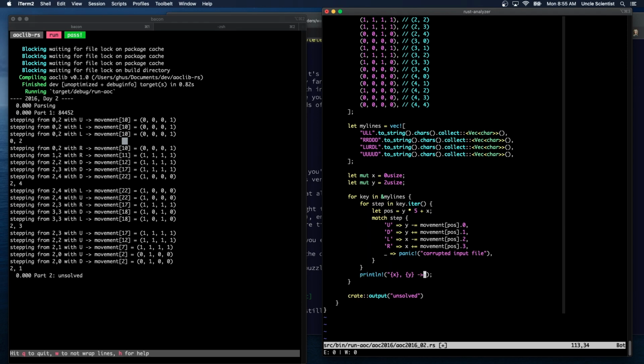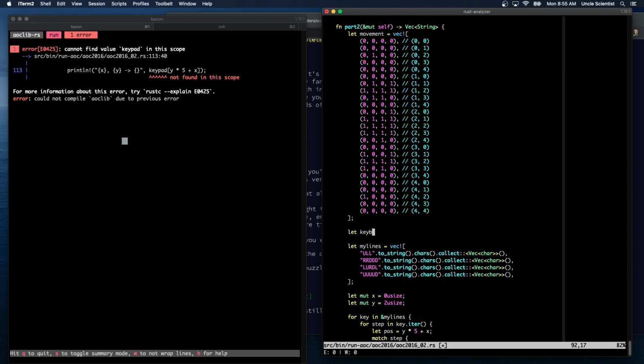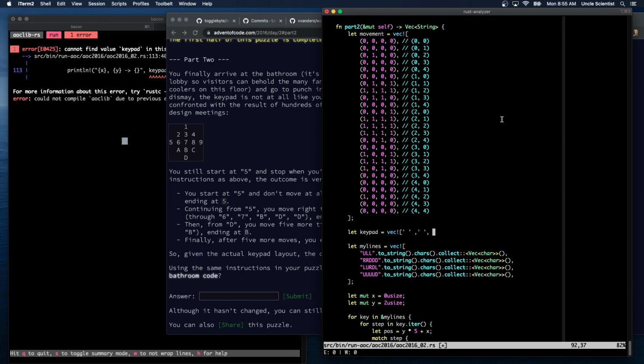And then we can convert this to a character. Char of keypad of y times 5 plus x. And we don't have keypad yet, so let's add a keypad. Equals vec bang of space, space, space, space 1, space, space, and then space 2, 3, 4, and space.